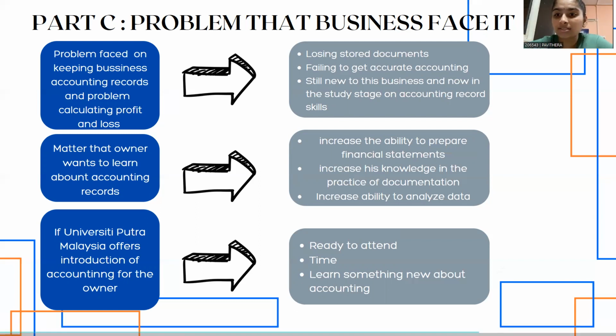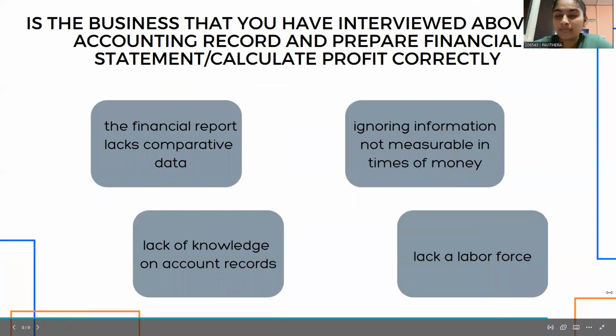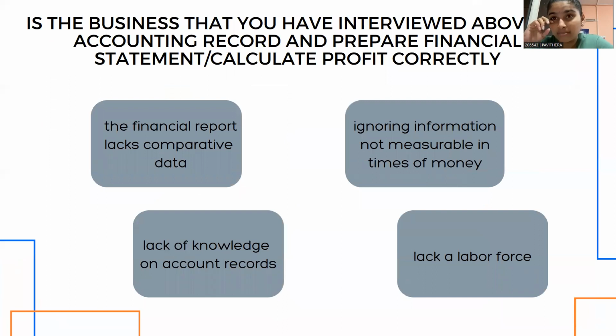Okay, thank you, Sazwan. Next slide. The next question is whether the business that you interviewed does accounting records, prepares financial statements, and calculates profit correctly. According to us, it does not, because the business that we interviewed did not have proper recording and preparation of financial statements.